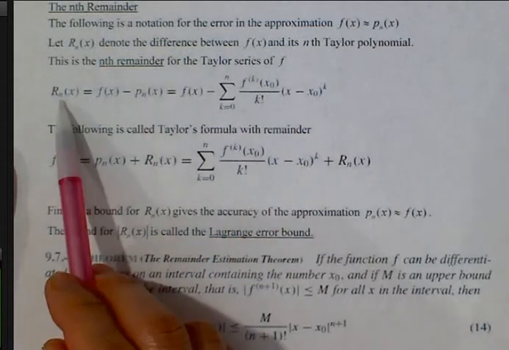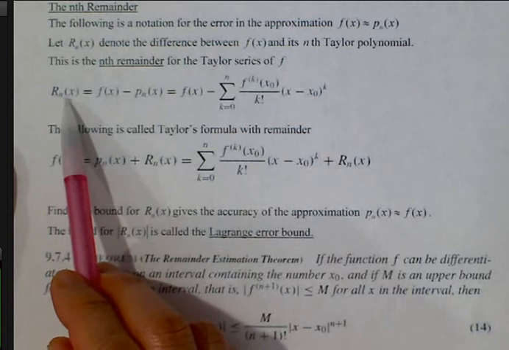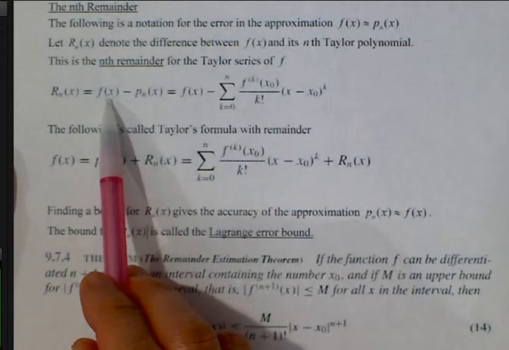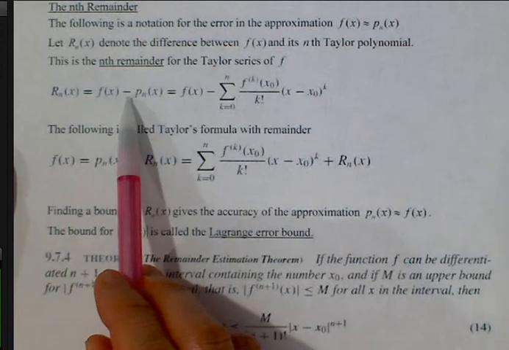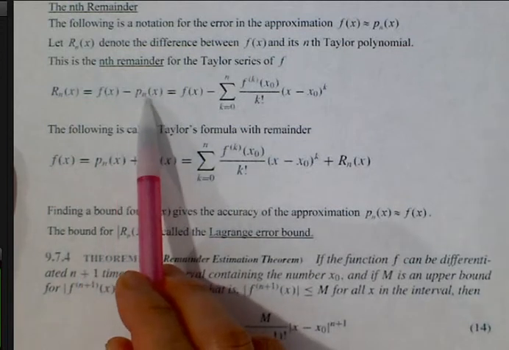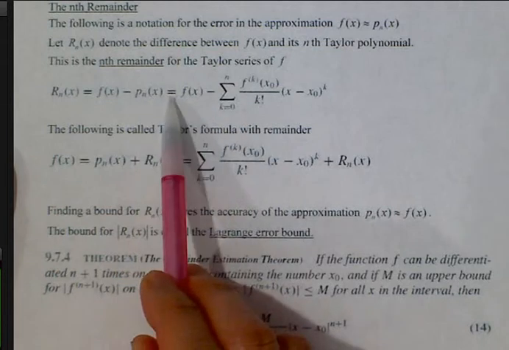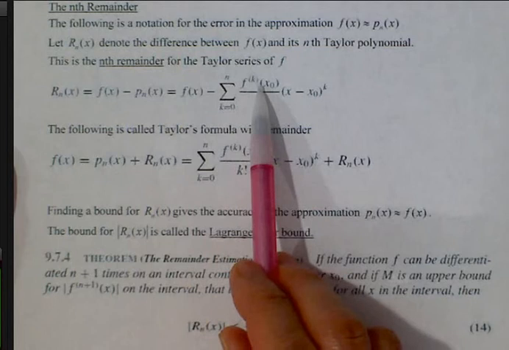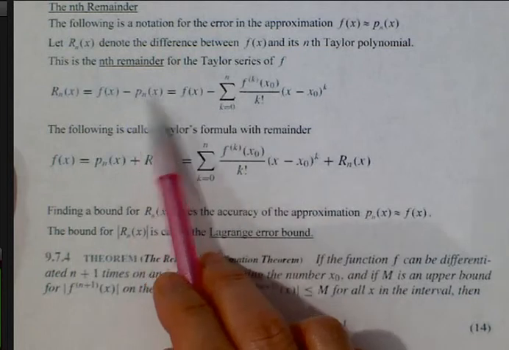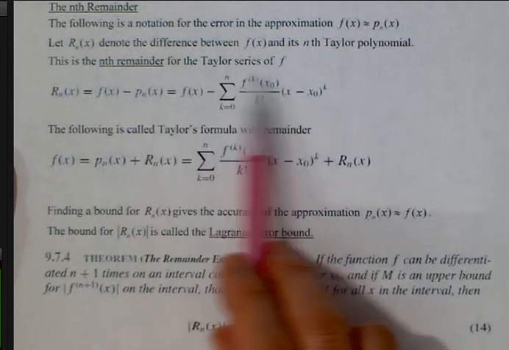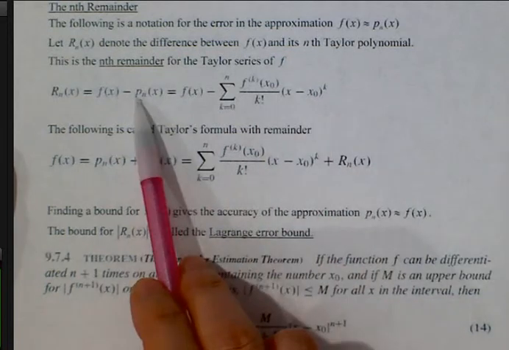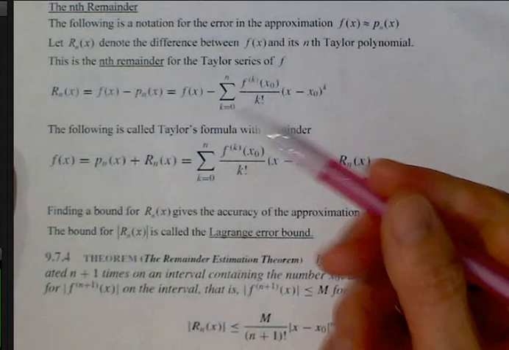R sub n, the remainder of the nth polynomial, is equal to f of x, which is the original function, minus p sub n of x, which is the Taylor polynomial, and that is equal to f of x minus, and then in place of your p sub n of x, I'm just putting in the Taylor polynomial. So this whole sigma business is the same thing as what p sub n of x is. In fact, I'll just write that in.